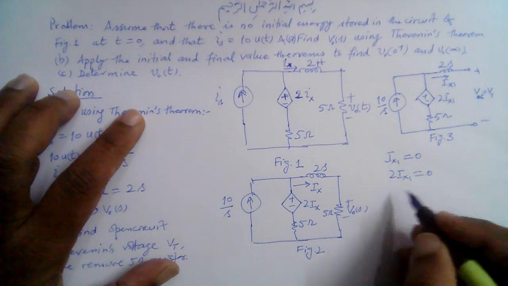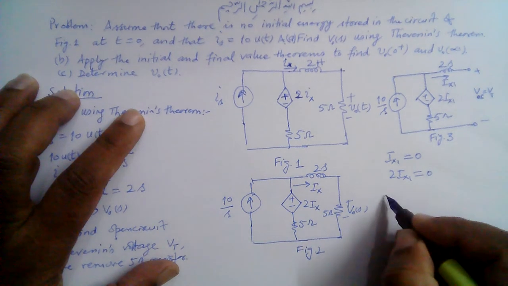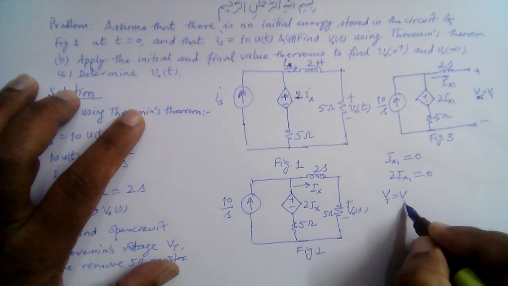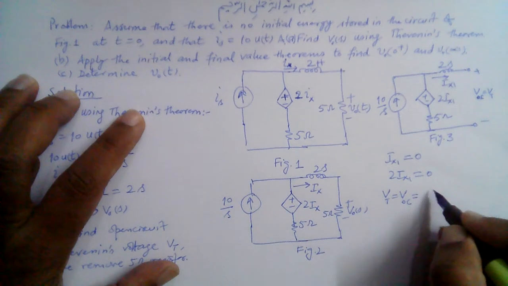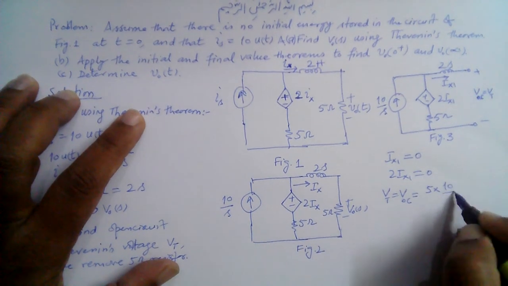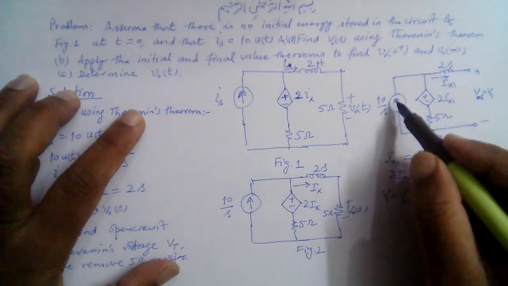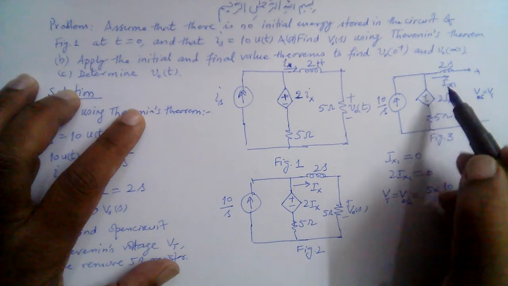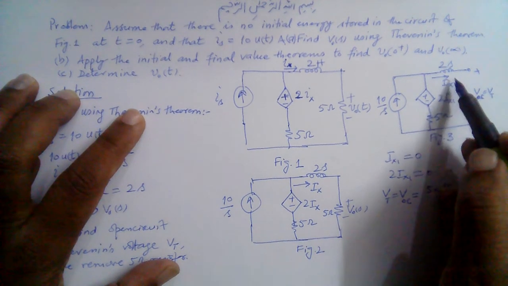So V Thevenin is equal to V open circuit, which is 5 multiplied by 10 over S. This is the 5 ohm resistor multiplied by the current flowing through it, because let me say it again, this Ix1 is 0. There is no current flowing here.